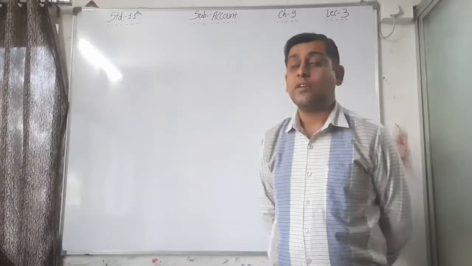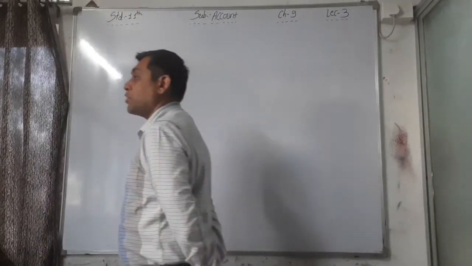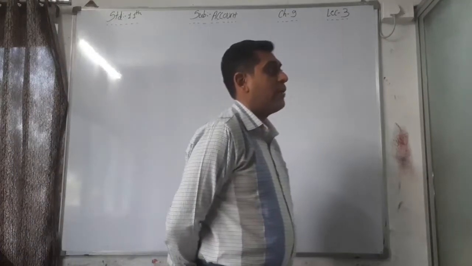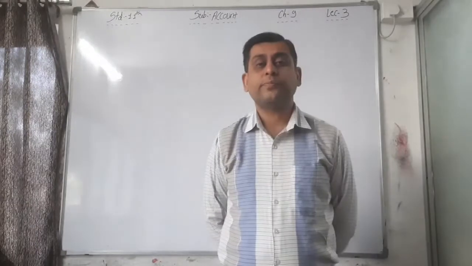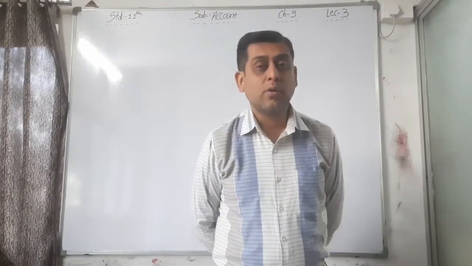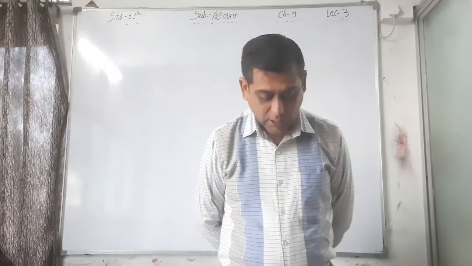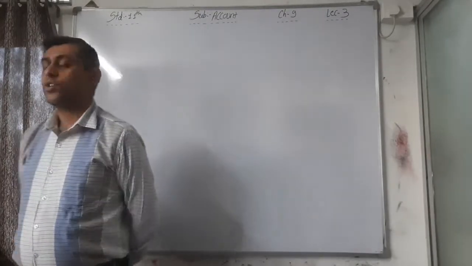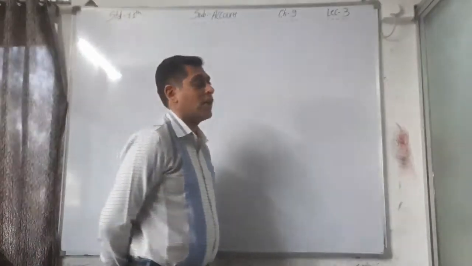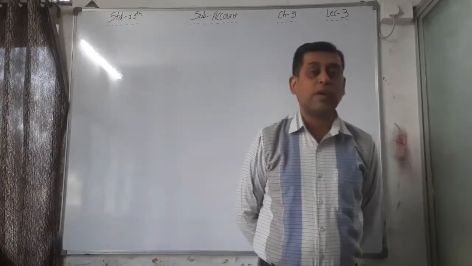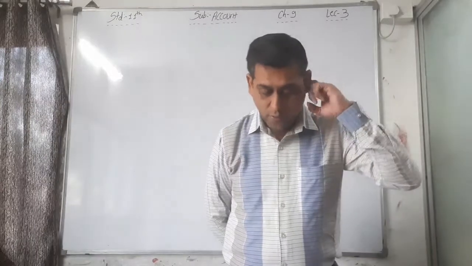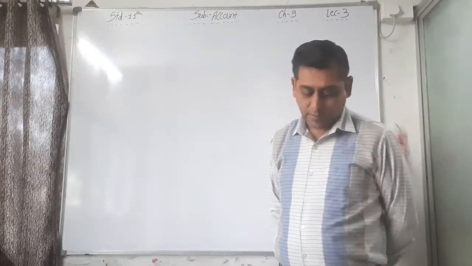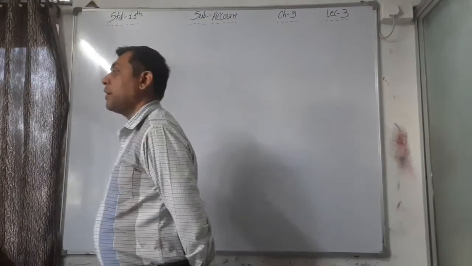So the entry is cash account debit 39,000, furniture account debit 7,500, to capital account 46,500, being the cash and furniture brought in business as capital.